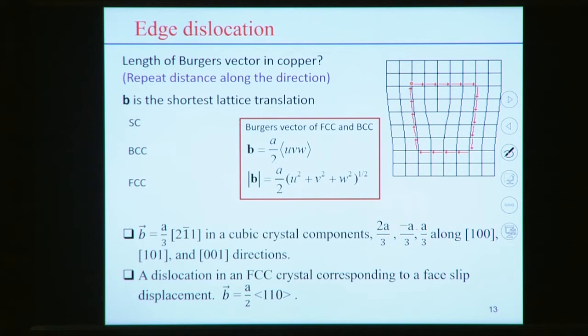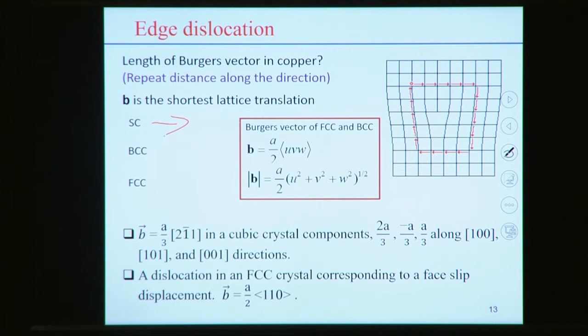in case of simple cubic structure, the shortest repeat distance means when you consider the atomic arrangement along one specific direction, the distance from one atom to the next atom.